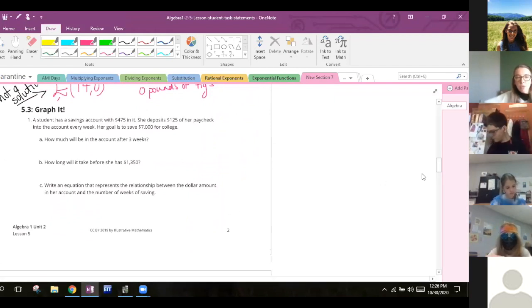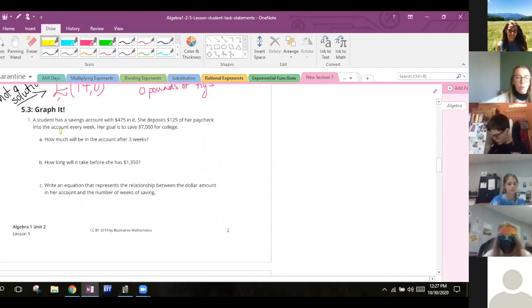Now this first one, we're going to do all of it together so that for number 2, y'all can do it on your own. So make sure y'all are really paying attention to all of the parts. I really like this question because it connects all the lessons into one question, okay? Which is really good because we know that every single thing we're talking about is slowly building on each other.